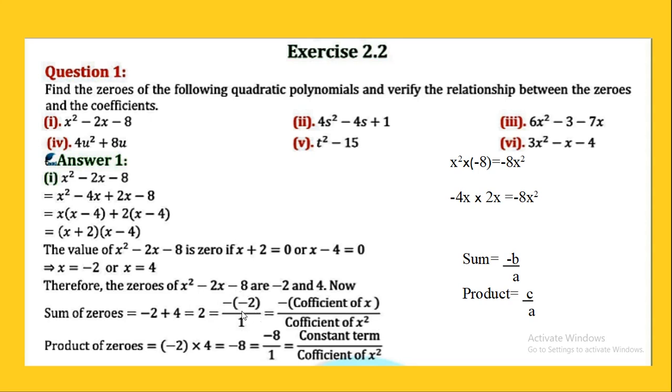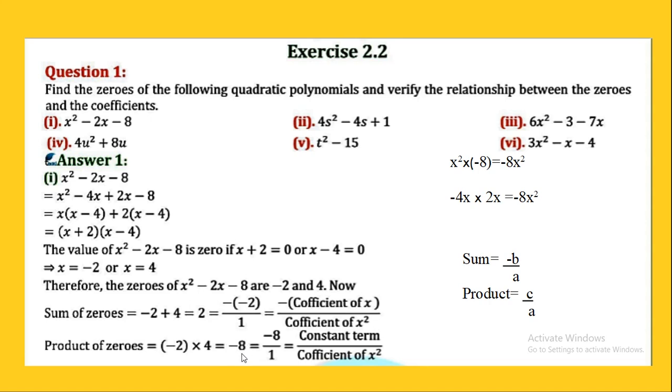Here minus 2 is the coefficient of x and 1 is the coefficient of x square. Thus the sum of the zeros is equal to minus of coefficient of x by coefficient of x square.